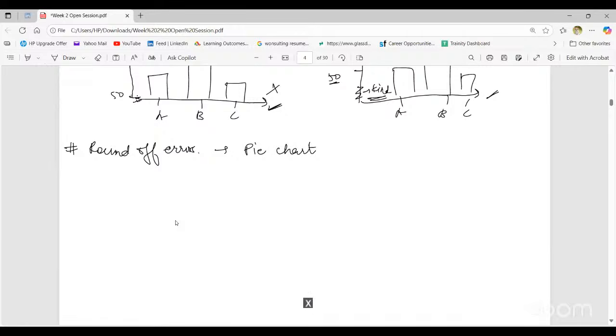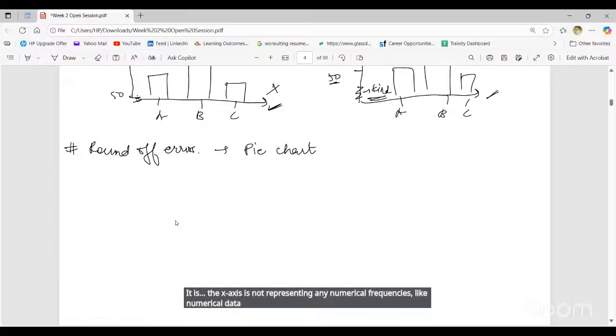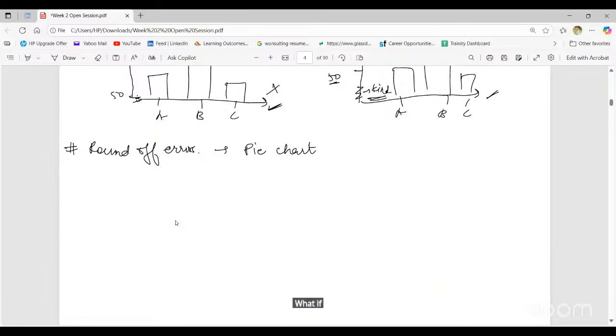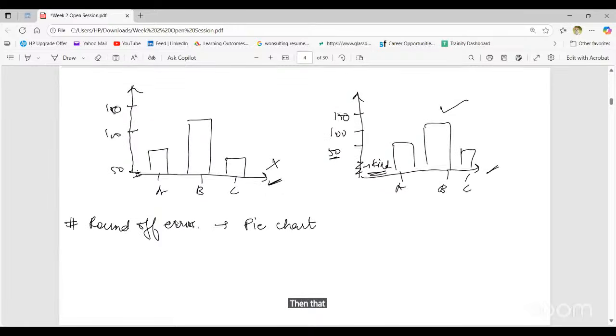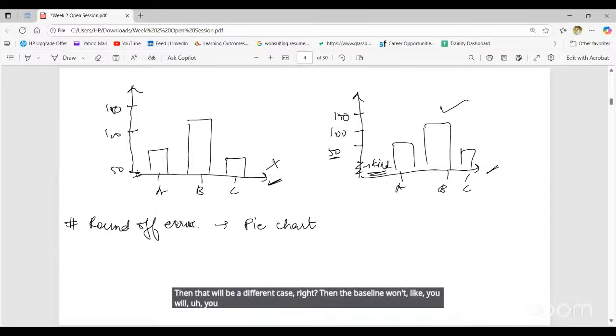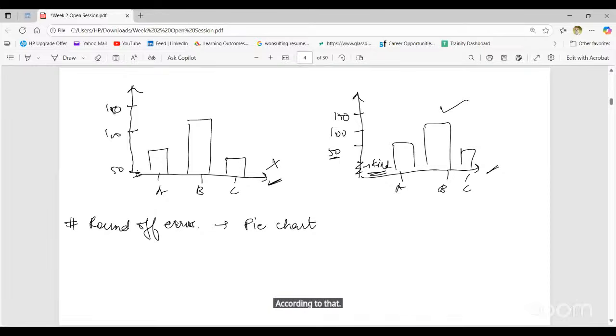The x-axis just represents categories. It is not representing any numerical frequencies or numerical data, just the categorical variables. What if it has to represent something with numbers, ma'am? Then that will be a different case, and you will be having a different graph according to that.